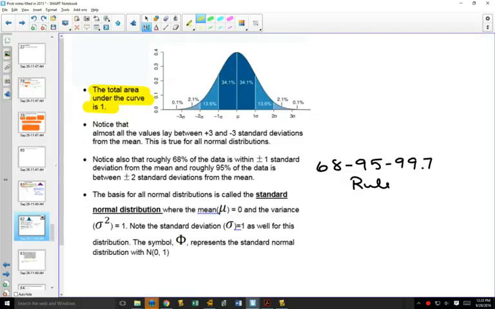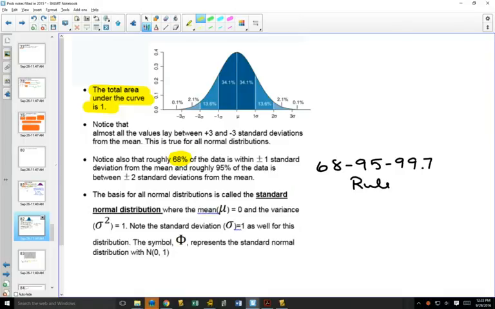Some other interesting things happen when you look at your standard deviations, and we talked a little bit about this before. If you go up 1 standard deviation and down 1 standard deviation, approximately 68% of your data will fall in there.